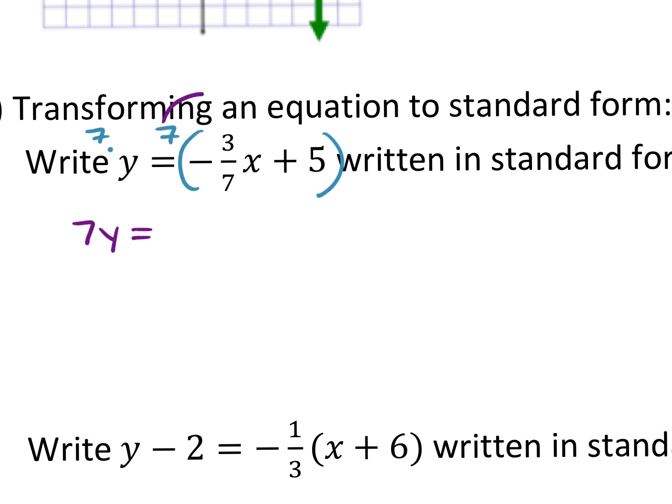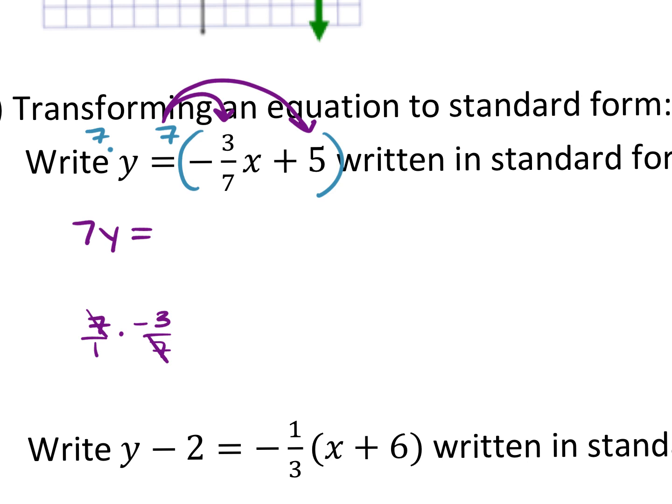Now, that 7 has to get distributed, and this gets tricky for some people. Think of it like this. This is 7 times -3/7. If you treat that like a fraction, 7/1 times -3/7, what does that equal? -3, right? The 7s would reduce to 1, and you get a -3.